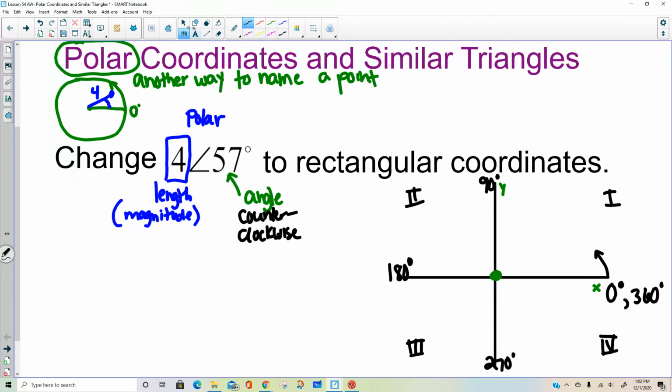So let's find 57 degrees. Let's find this point. If I go 57 degrees, that's close to 60, which is close to 2/3 of the way into quadrant 1. So I'll call that 57 degrees. And then my length is 4. My length from what? From the origin.